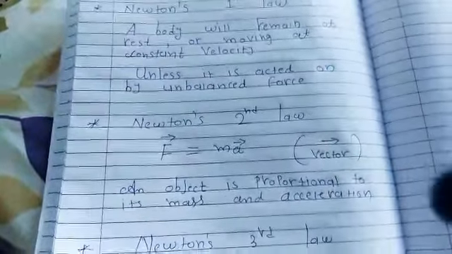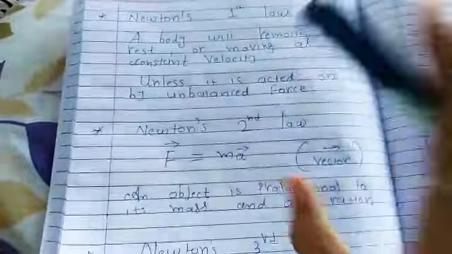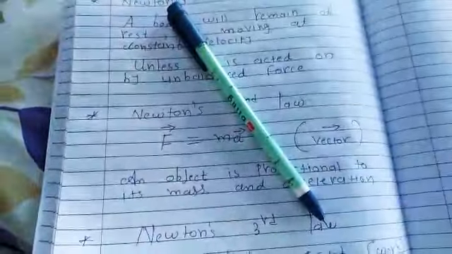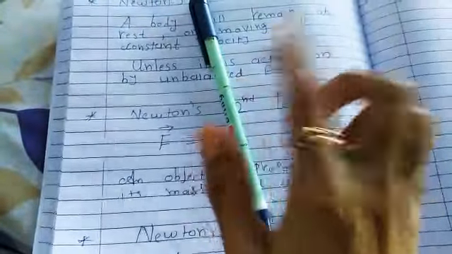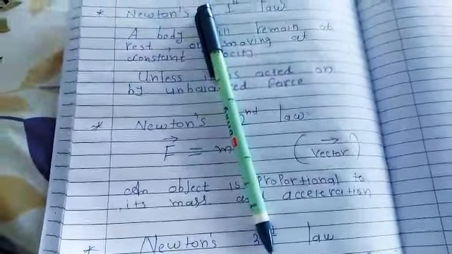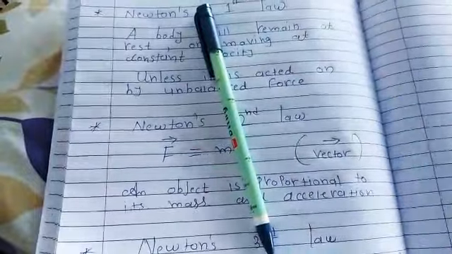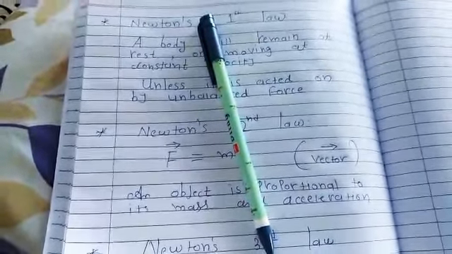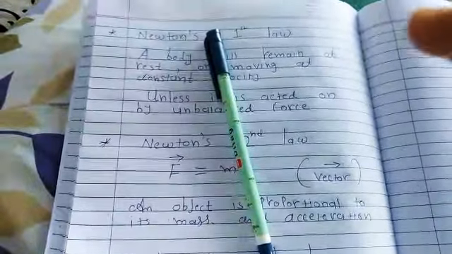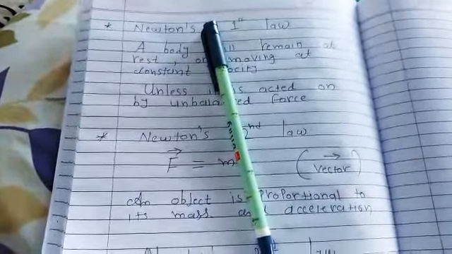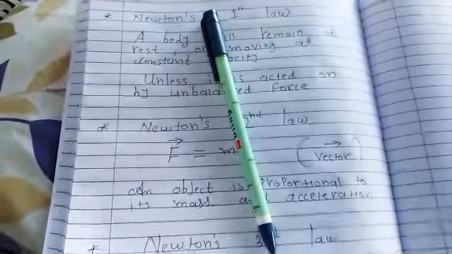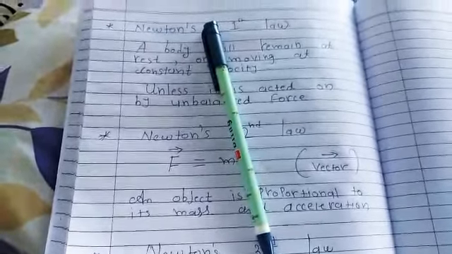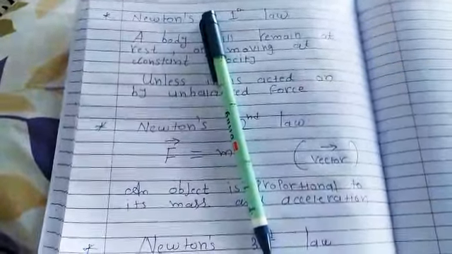So here is an example of Newton's first law. This is the body, a pen. I'm putting it here, so it remains at rest. If it's moving at a constant velocity, it should keep moving with its velocity, unless I'm applying any force.